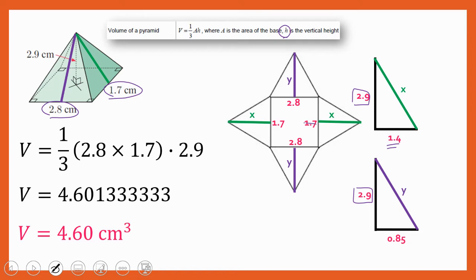So that half distance would come from the middle of the base there, right? Or on the 3D shape, the middle of the base out to the side there. Okay, and then for the green, or sorry, for the purple, the 0.85 comes from taking half of 1.7, right? Would be this distance and this distance.